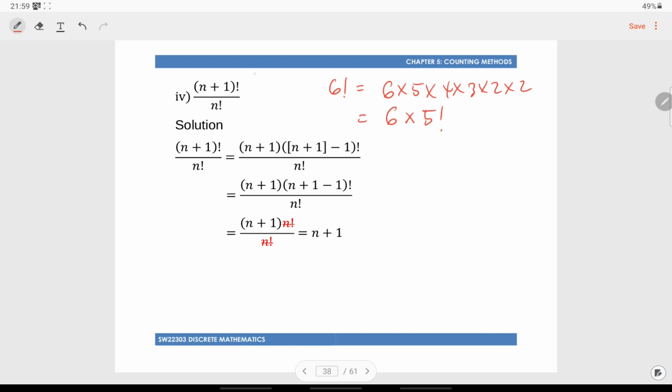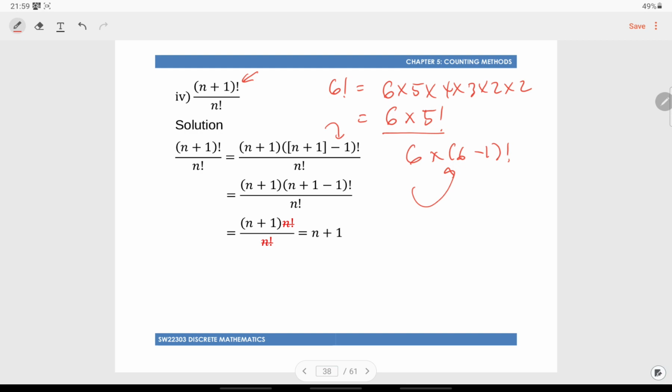This time we have (n plus 1) factorial, so we have n plus 1 multiplied by (n plus 1 minus 1) factorial, just like 6 multiplied by (6 minus 1) factorial.